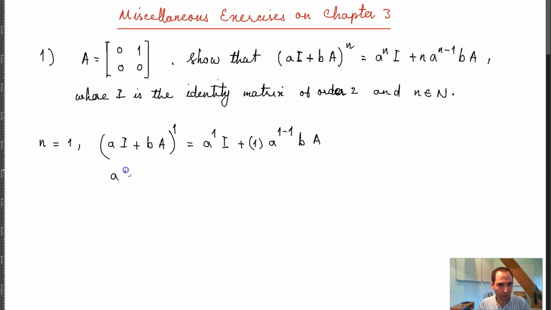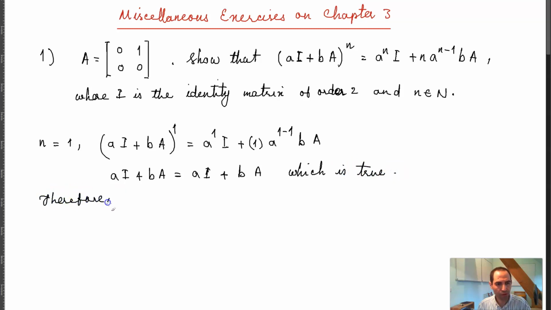Therefore you have aI + bA equal to a times I plus, well, a raised to the power 0 is equal to 1, so you have b times A. So aI + bA is equal to aI + bA, which is of course true. Therefore P(1) is true.